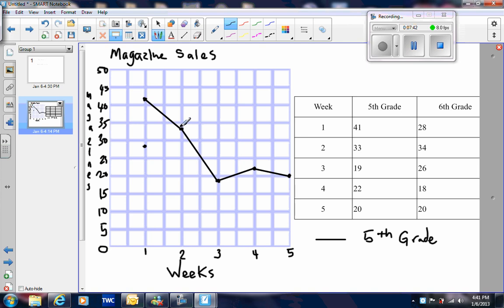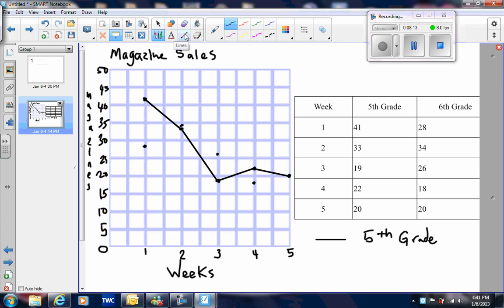So right below that line. 26 was the next one, so I find 25, go a little bit above 25. 18, find 20, you go down just a little bit from 20. And then the last one is 20, just like the 5th graders. So they'll end right on that same spot.